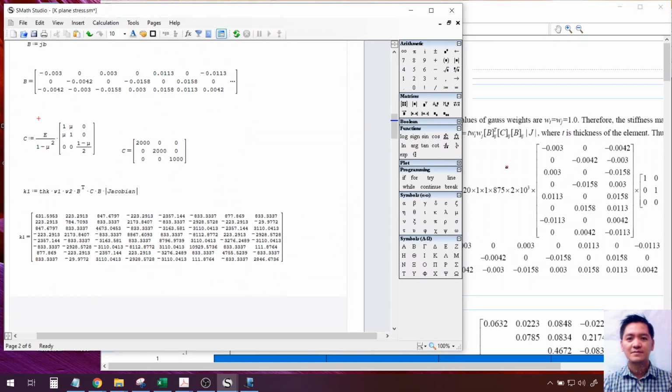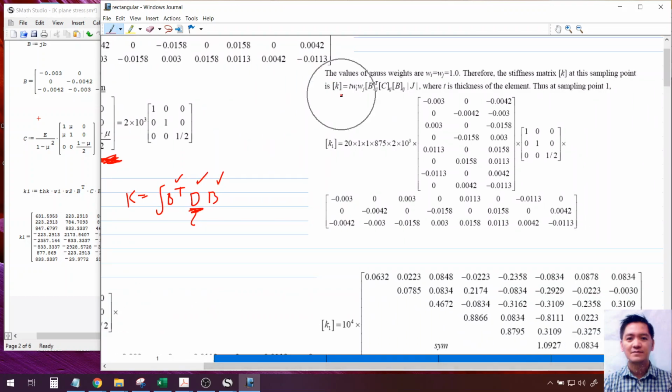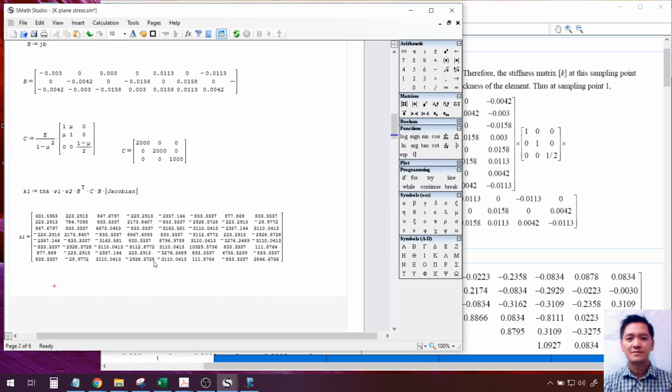And then K, since we are using Gauss quadrature, ito yung formula natin. Thickness, Wi and Wj is both 1. For our first sampling point. J is, we know this already. So, operate mo lang yan sa SMATH, we get this.